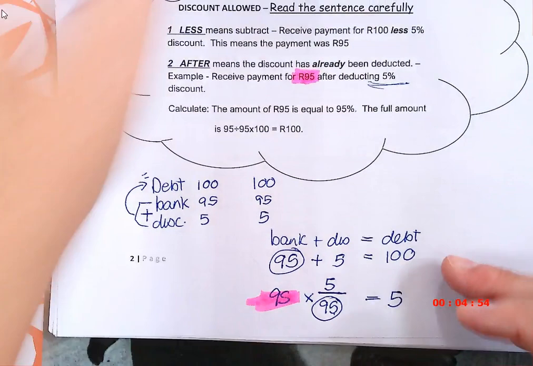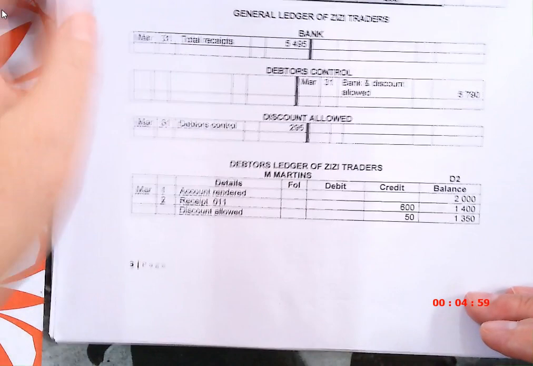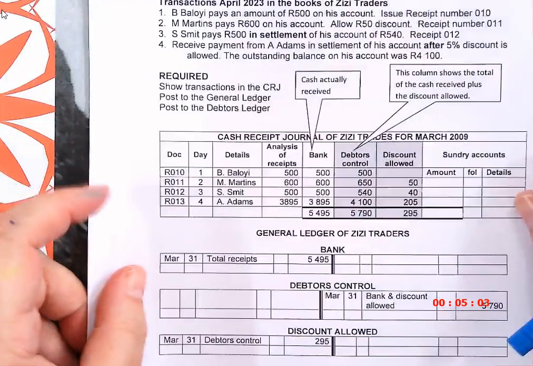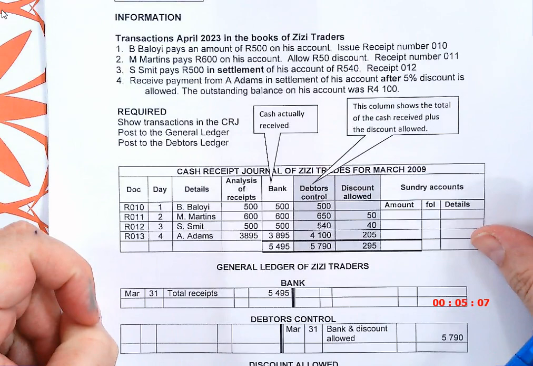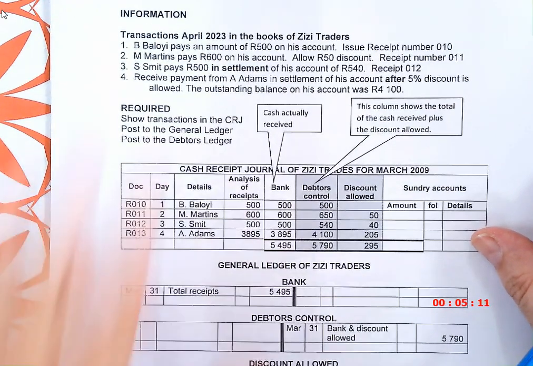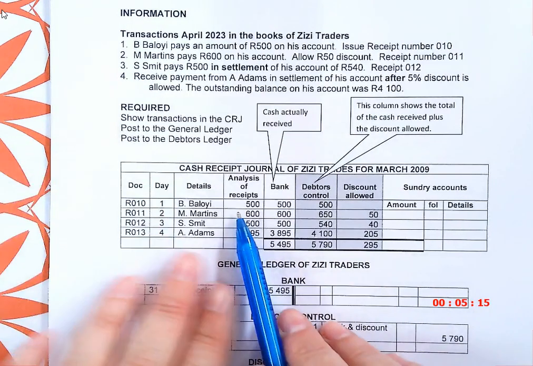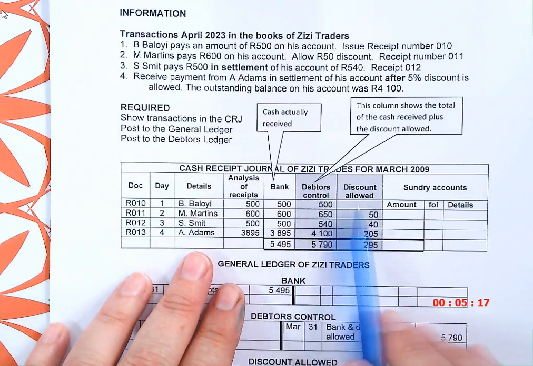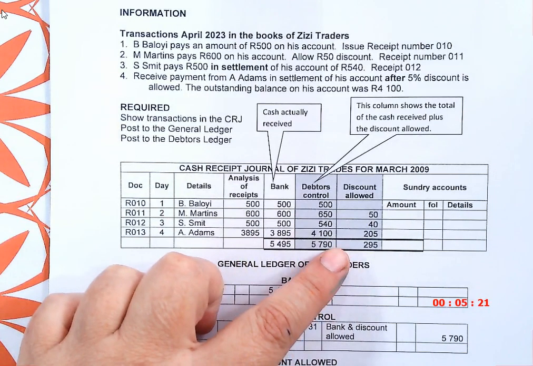So if I go to the ledger, the journal. There's two ways that we can show this. And you need to know both. Okay? So let's quickly look through this one. Can you see if I look at my journal, there's a column for debtors control and discount. So I highlighted it like this.